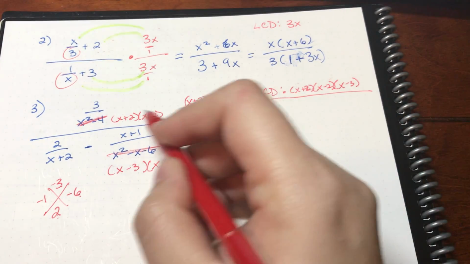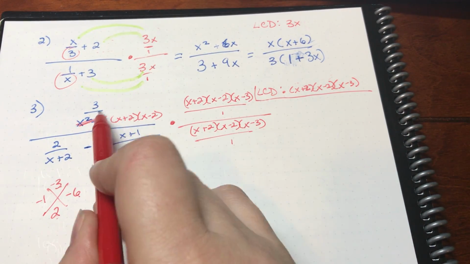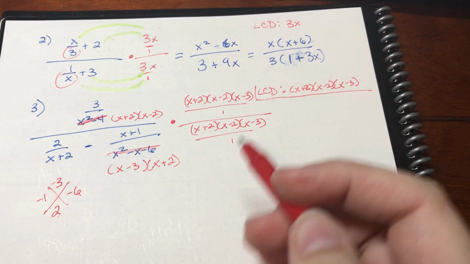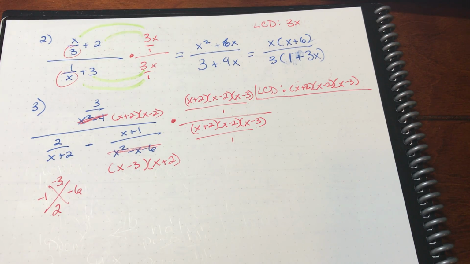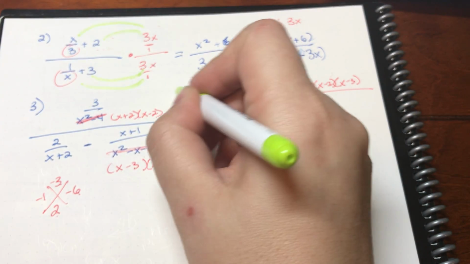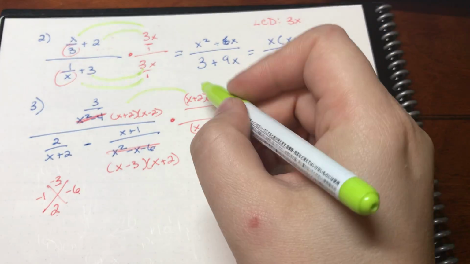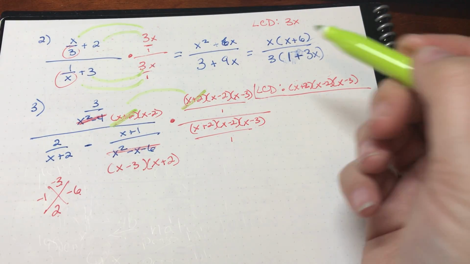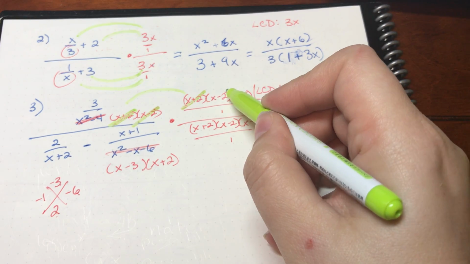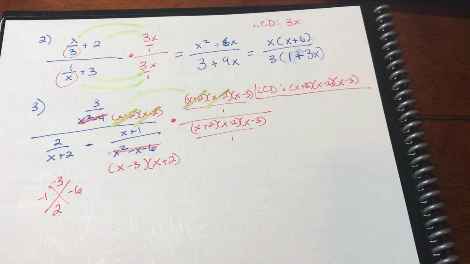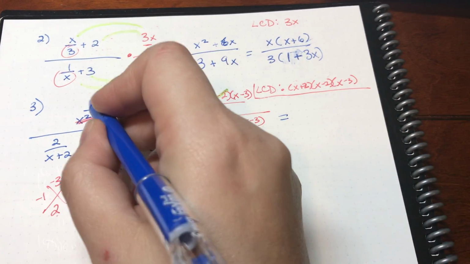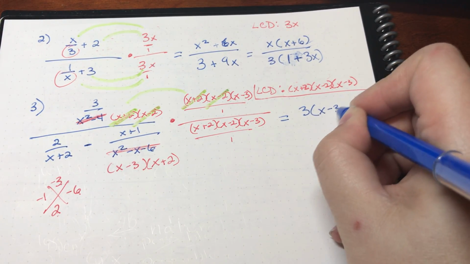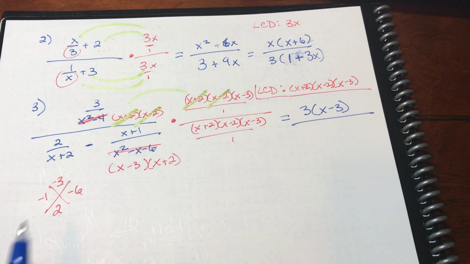And this is just again so we can make sure that our numerators and denominators line up so that we're keeping everything straight. Okay, now I need to multiply these together, and when I do that, x plus 2 divided by x plus 2 is 1. X minus 2 divided by x minus 2 is 1. And I am left with the 3 and the x minus 3 on top.